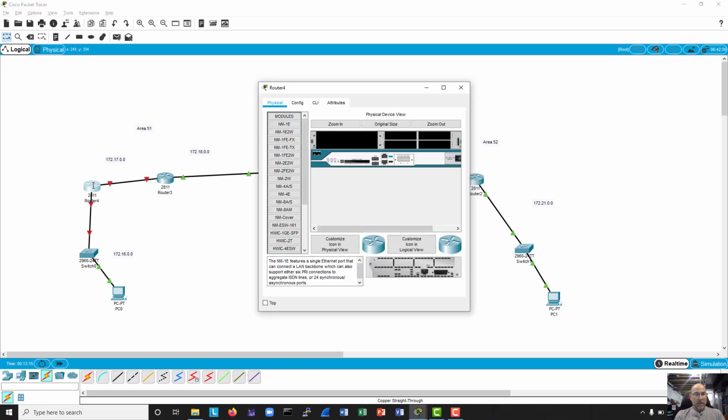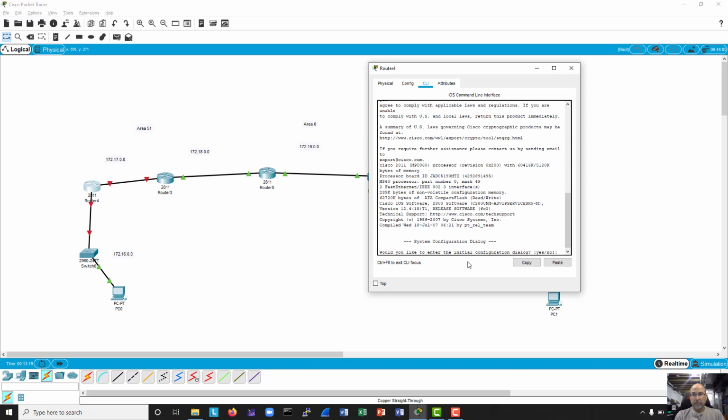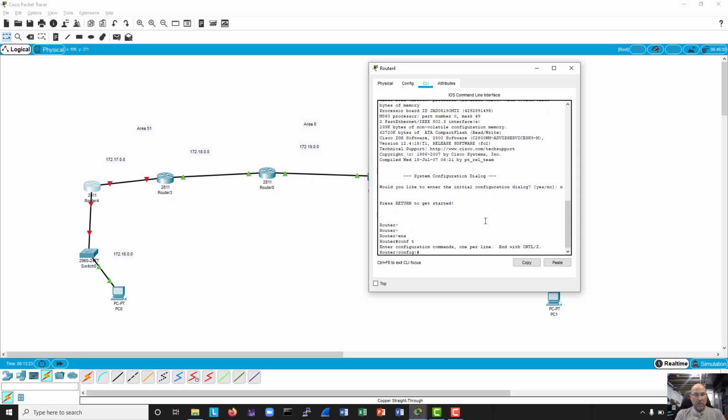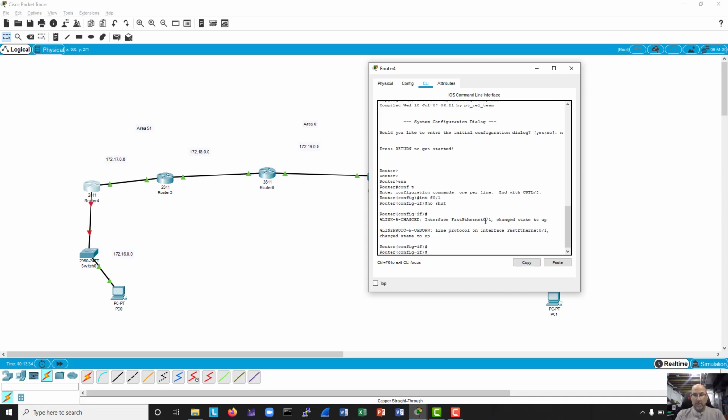And now we have to do this one way over here. That shouldn't take us too long. Router 4, you're on the 17 net, so let's go to that, should be 0 like this. No shut. Hey, we got the right one. Okay, IP address 172.17.0. What should it be? 253, I think that was.